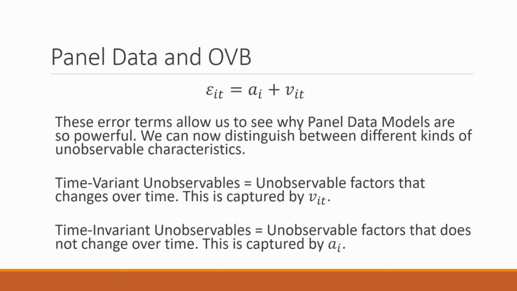But now, before I've defined observables and unobservables, now I'm coming back and I'm going to define two different kinds of unobservables. The first kind of unobservable is called a time-variant unobservable. Time-variant unobservables are factors that change over time.